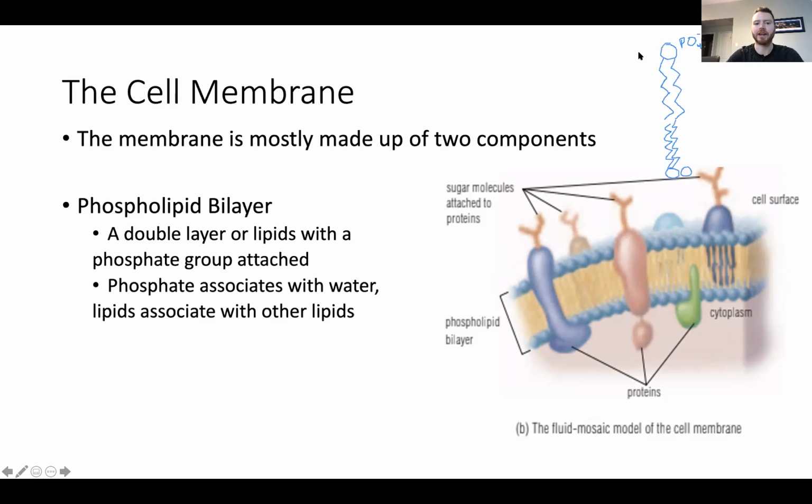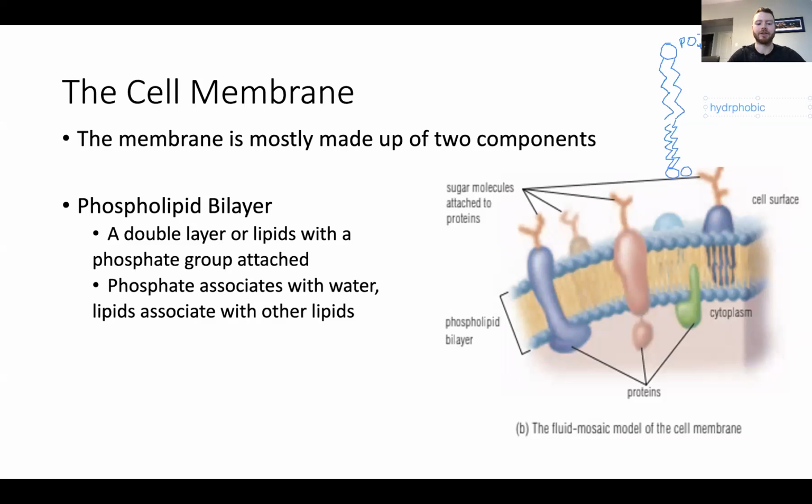Now, the phosphate groups are hydrophilic, so water loving. That's why they face the outside, because then they can deal with the water. And the lipid tails are hydrophobic. They do not like to associate with water.